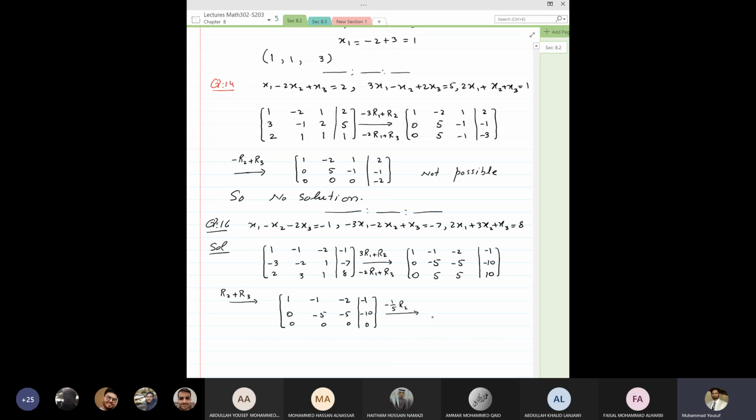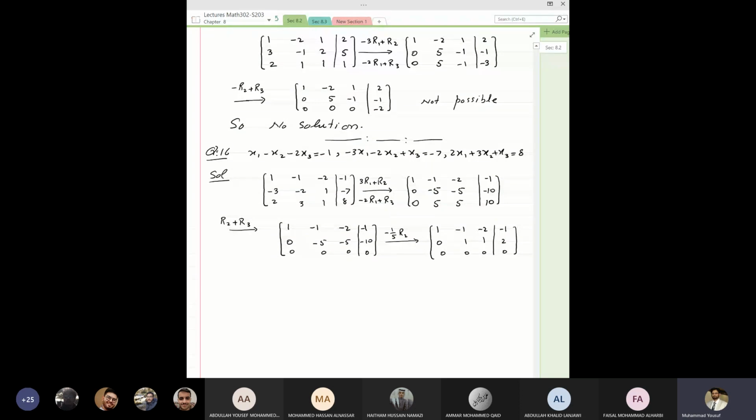You can do it before even, no problem, and then make the third row equal to 0, 0, 0. So this choice of row operations somehow depends on you also. Whatever you like: 1, -1, -2, -1, 0, -5 over -5 is 1, 1 and 2, 0, 0, 0, 0.